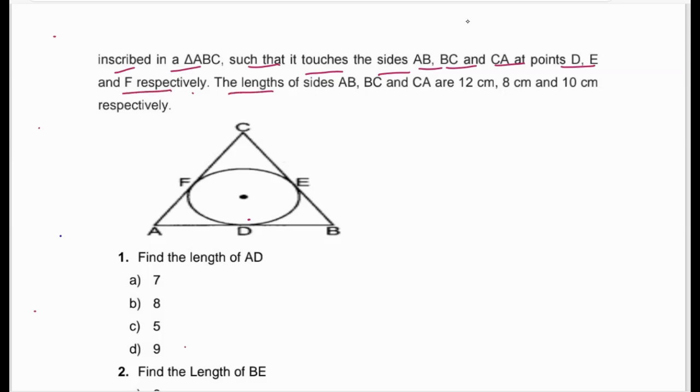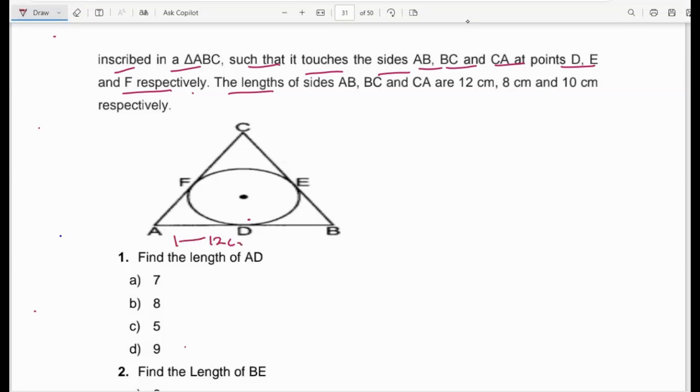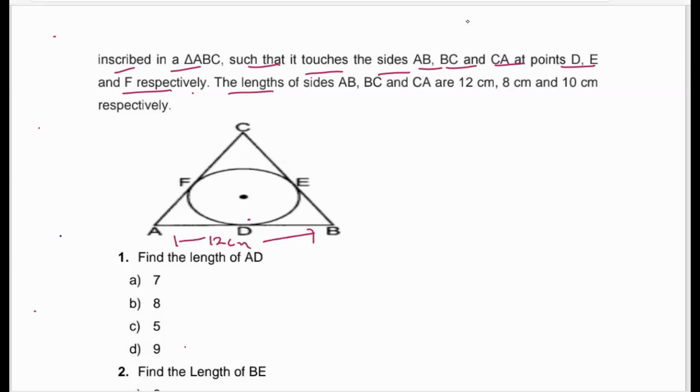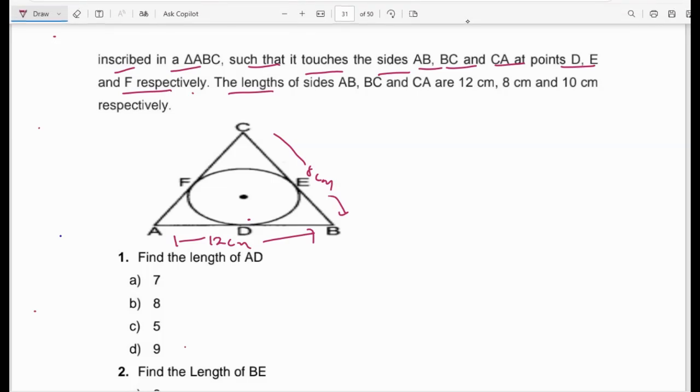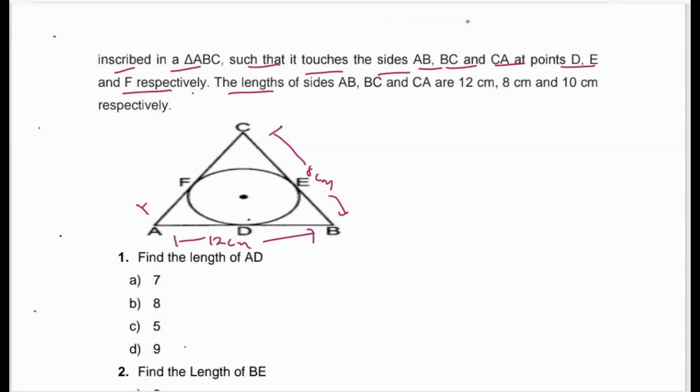The length of side AB is 12 centimeters, BC is 8 centimeters, and AC is 10 centimeters. Now he's asking you to find the length of AD. What is the length of AD?